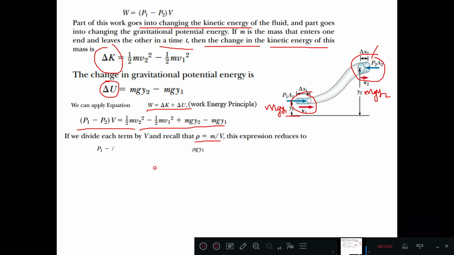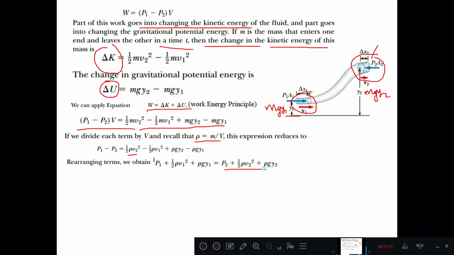This expression reduces to, if you divide the entire equation by V, the volume, P1 minus P2 is equal to half rho V2 square minus half rho V1 square, plus rho g y2 minus rho g y1, and rearranging the terms, we get this equation.